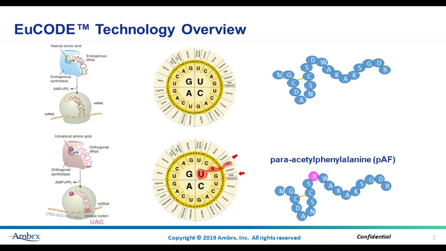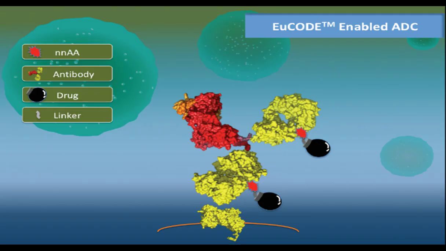EuCODE technology has been implemented onto multiple platforms to create larger and more complex proteins where site-specific and homogeneous post-translational modification may be needed. For example, the EuCODE-enabled ADC. The Y-shaped atom is the antibody.